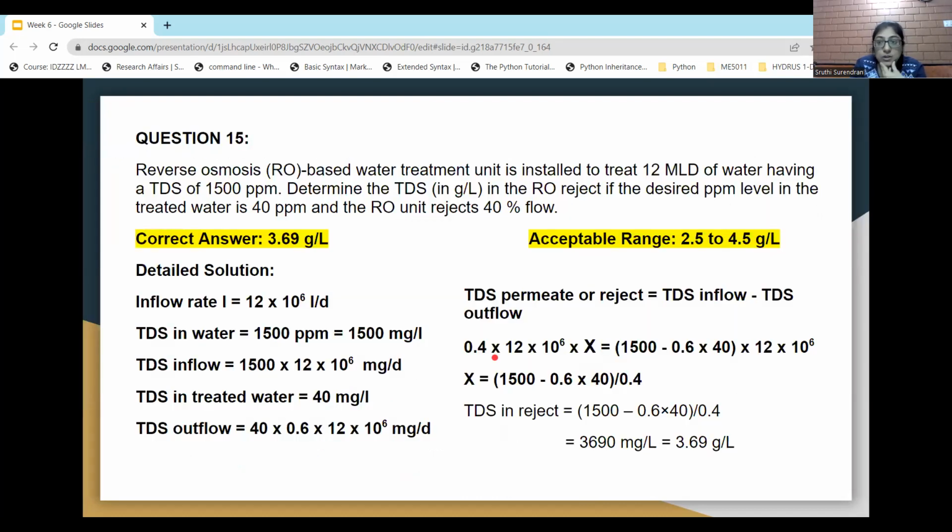So stay focused on the units and also get familiar with the terms used: permeate, reject, treated water, total water when it comes to reverse osmosis.